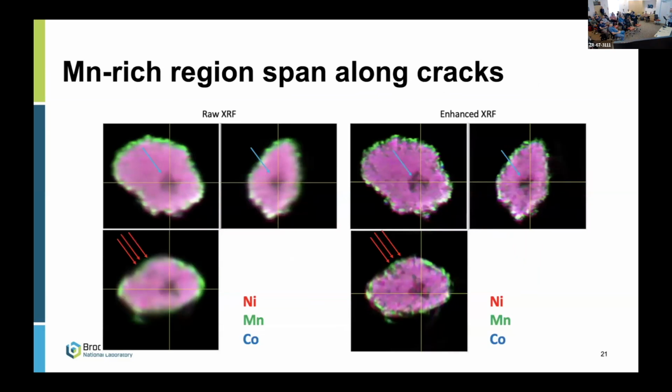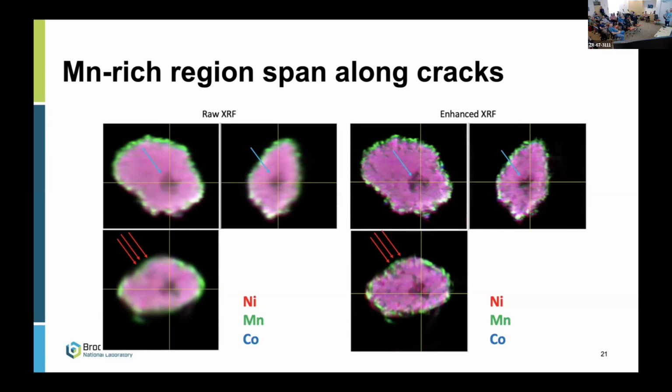And this sample we measured actually has a manganese-rich shell. And from the raw fluorescence image, we can clearly see this core-shell structure. But with the enhanced image, we can see the resolved fine cracks on the particle. And if you look carefully, those manganese-rich areas actually propagate inside the particle along those exposed crack surfaces.